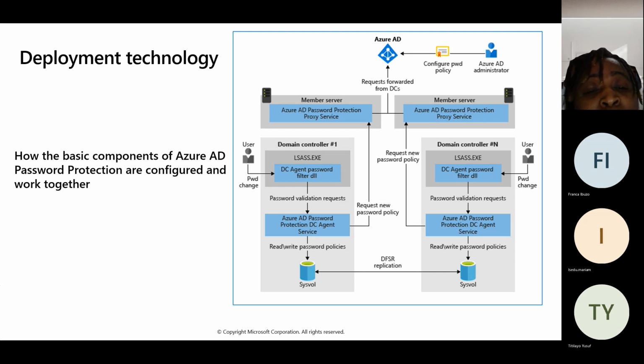And once you install it, it will help you enforce those read-write password policies in your SysVol. In your on-prem domain controller, the database for the Microsoft on-prem Active Directory is called SysVol. And this SysVol is where the Azure AD password protection agent would go to enforce the password policy.